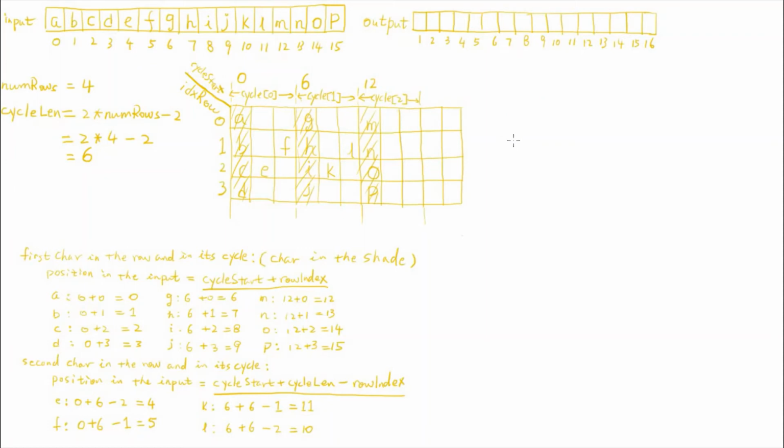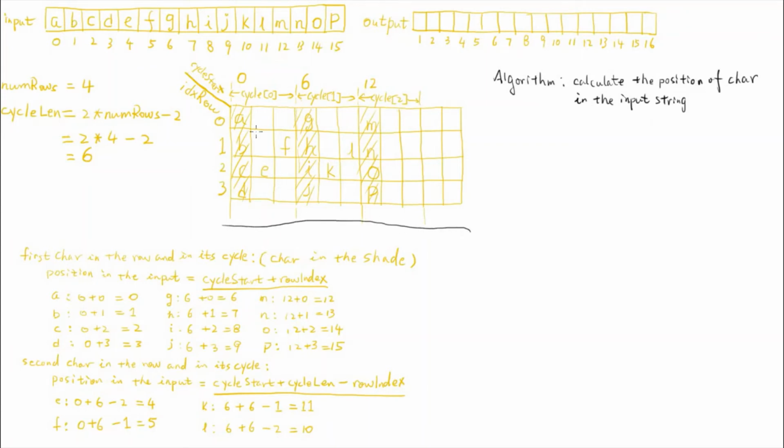Let's create the pseudocode based on our analysis. I have prepared all the details here that we already discussed before. Our algorithm is about calculating the position of the character in the input string and putting that character in the output. Here is a matrix in which the characters are arranged in the zigzag pattern. And when we add these characters into the output, we'll read line by line.